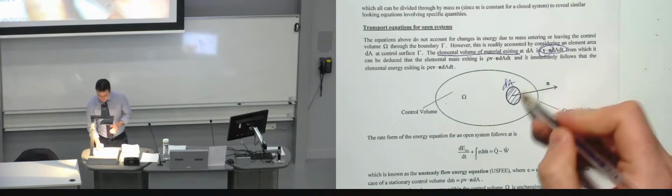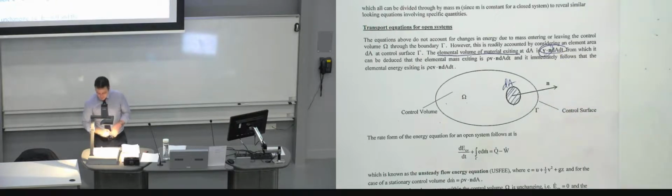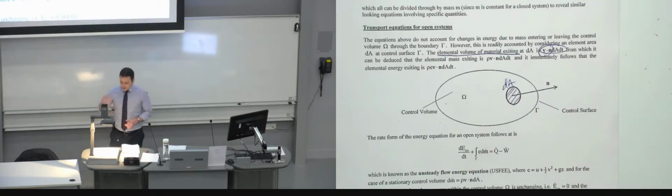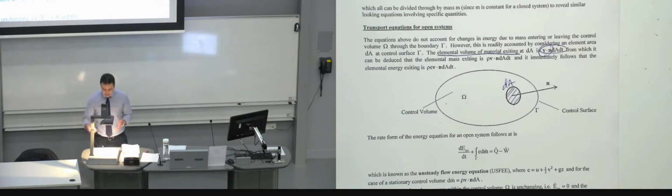Then you've got dA, which is the cross-section area, and of course you've got dt, which represents the amount of time that it takes. So if you want to measure the amount of volume coming out in 1 second, then dt is 1. If that's for 10 seconds, then dt would be over 10 seconds. If you do the unit analysis of each of these parameters, then it makes sense.